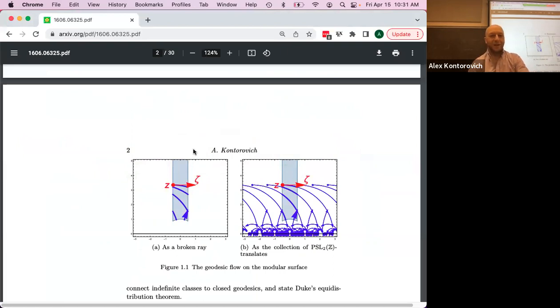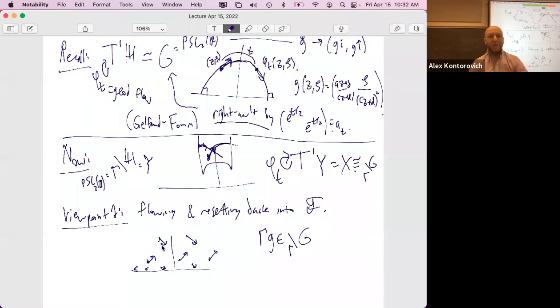Okay, so this is some point Z and unit tangent vector zeta, which you can think of as flowing as a broken ray, or you can think of the full coset. And when you flow by time t, so this geodesic flow, time t geodesic flow acting on these, all of them flow at the same time. They all start moving.